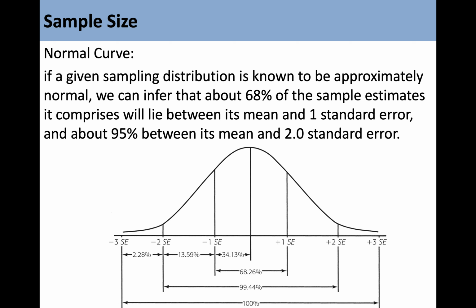The normal curve: if a given sampling distribution is known to be approximately normal, we can infer that about 68% of the sample estimates it comprises will lie between its mean and one standard deviation, and about 95% between its mean and two standard deviations.